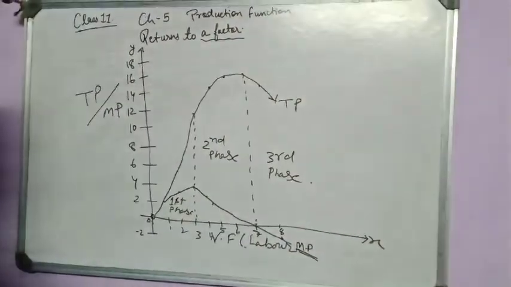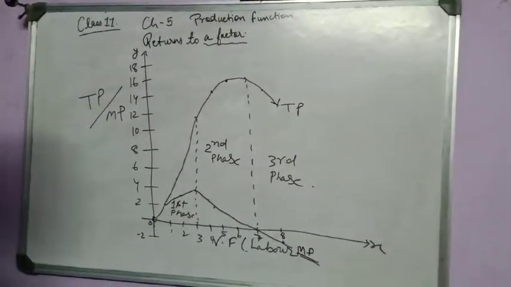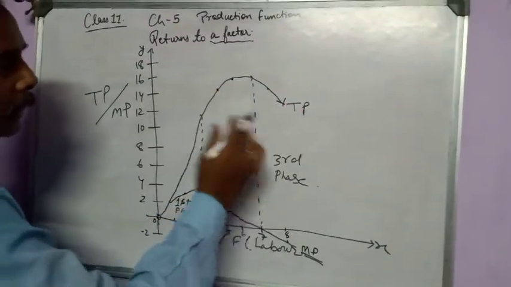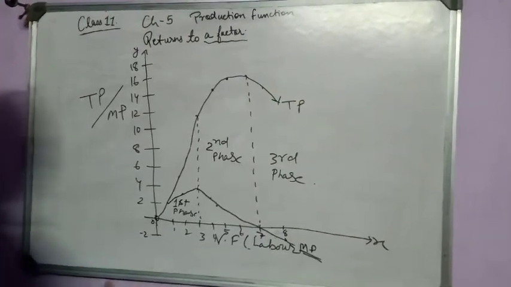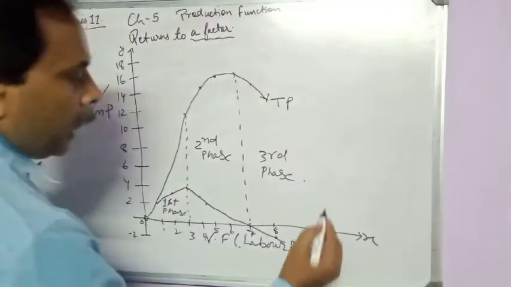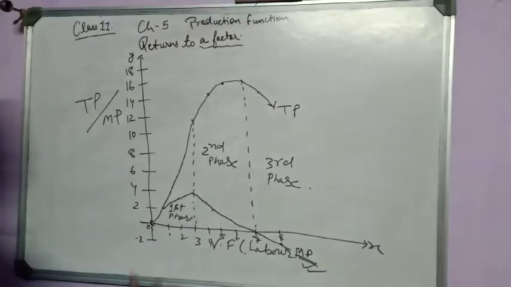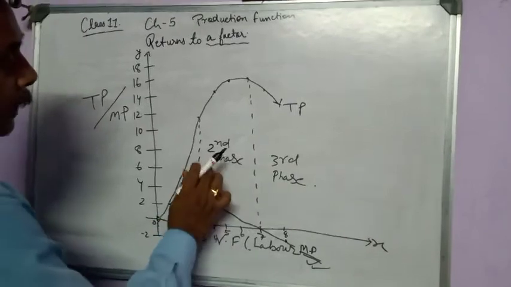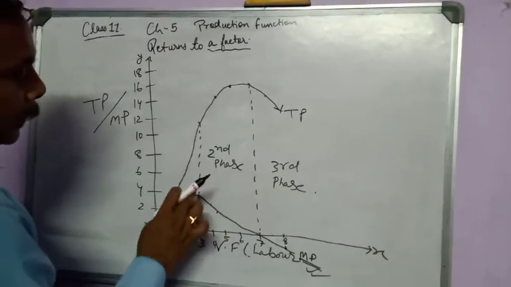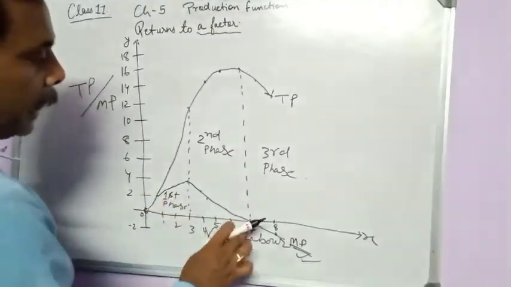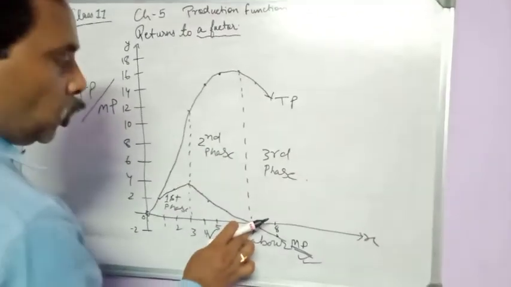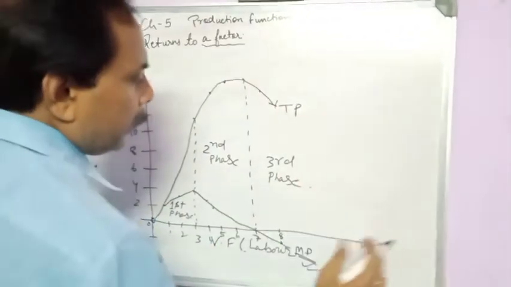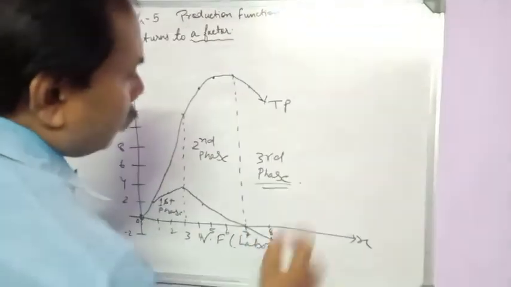Clear? So this diagram also explains how production takes place in the production process, and the most important thing is the marginal production. So the second phase starts from the point that is the end of the first phase, when the marginal production becomes 0, and the third phase starts at the end of the second phase, and the remaining part will be considered as the third phase.